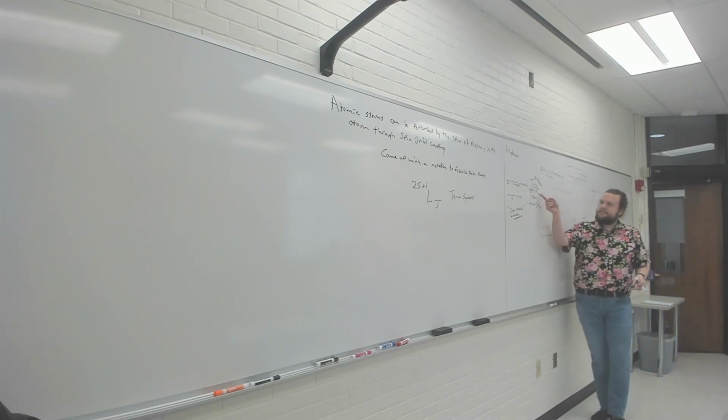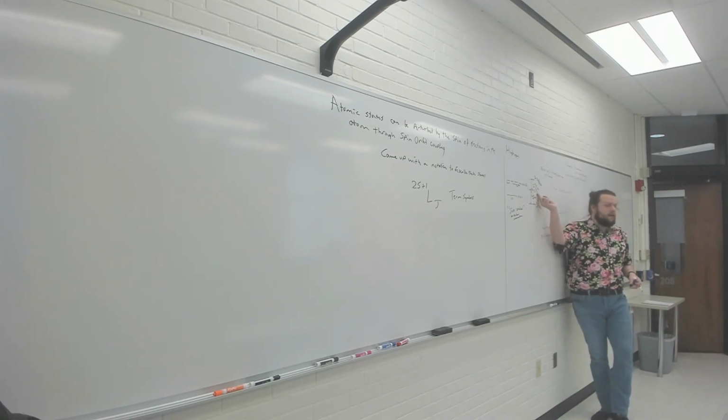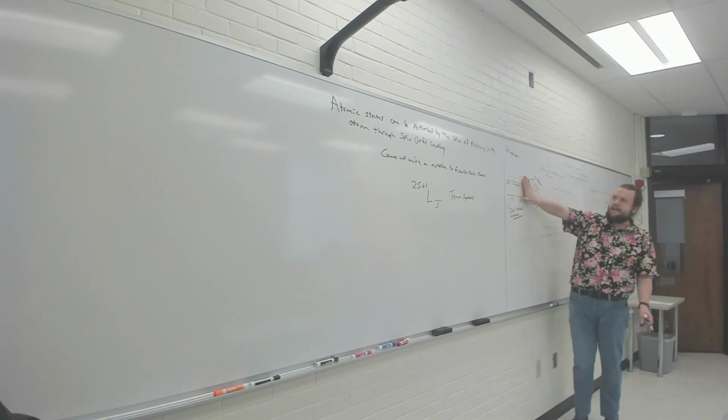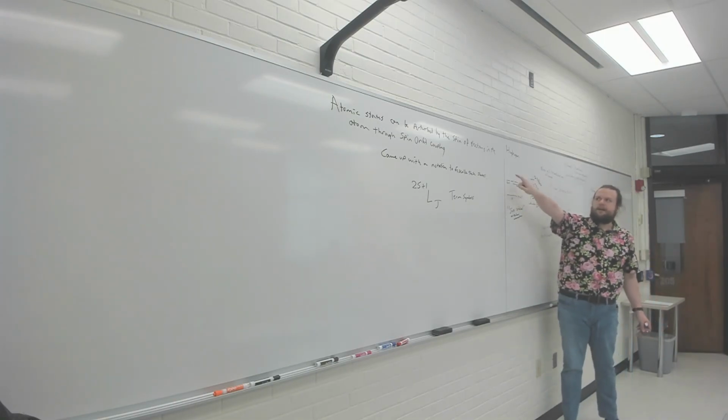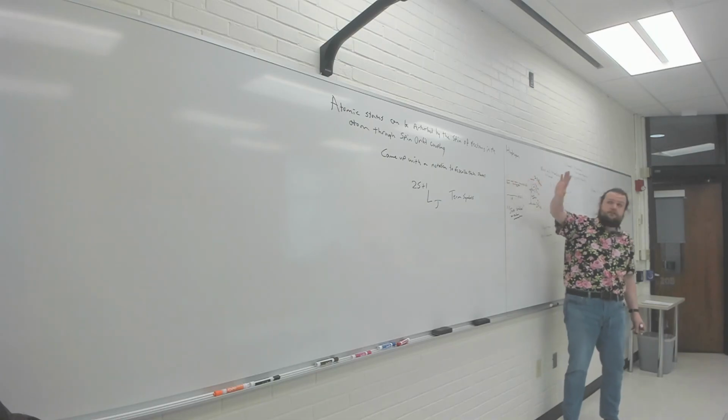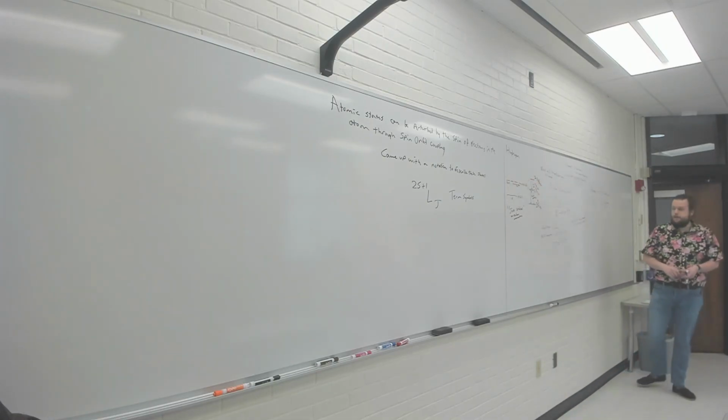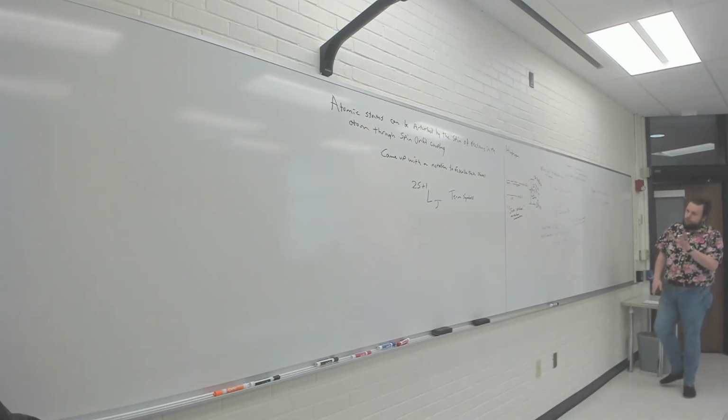Right, so you're never going to see a transition between the 1s orbital and the 2s orbital. It's completely and utterly forbidden, even if we don't include spin-orbit coupling. If we just look at this side and calculate the probability of going from 1s to 2s, it's 0. Can't do it. It's got nothing to do with spin. So that's a hard rule.